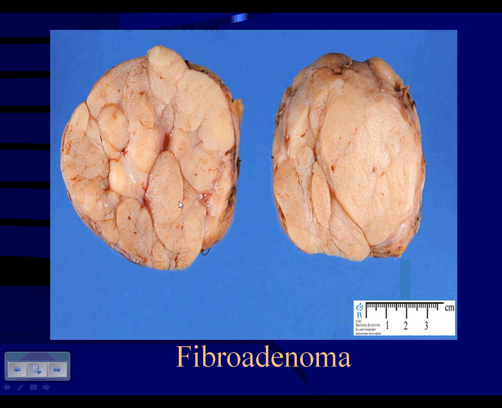All right, so here's a fibroadenoma. Again, it has a uniform, rubbery tan to yellowish cut surface, mostly tan. No areas of necrosis or inflammation that are evident, which is a good sign. Just very uniform, rubbery, solid cut surface, and very smooth edges to it, a very discrete lesion, and that's all good benign findings.